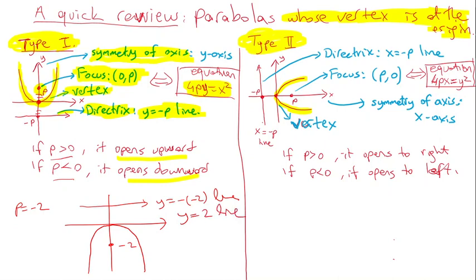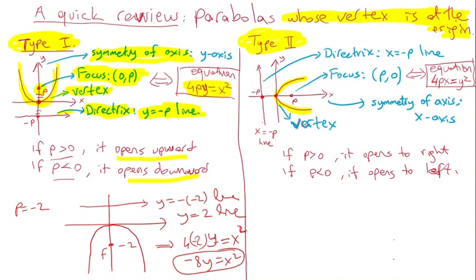And if you want to write the equation, it will be 4p times y. P is minus 2, so the focus is here, and this is 4 times negative 2 times y equals x squared. So as you see, you get negative 8y equals x squared.